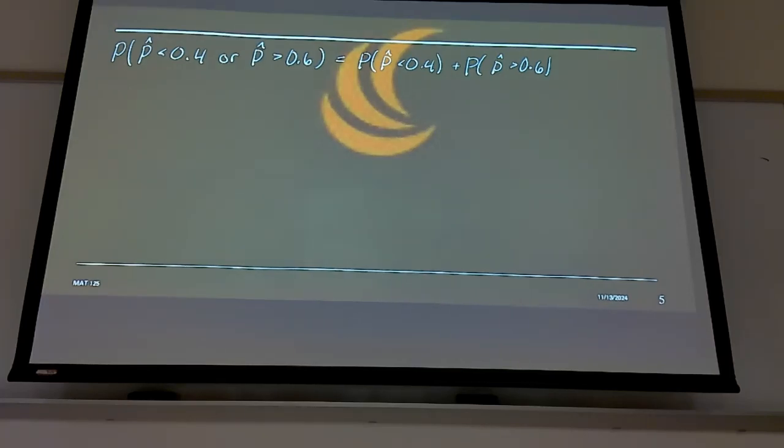So it's just the sum of the individual probabilities. Convert to z-scores. Oh, but we're symmetric about the mean. So the area to the left of negative 2.19 and the area to the right of positive 2.19 is the same.